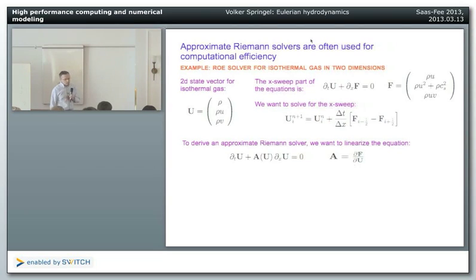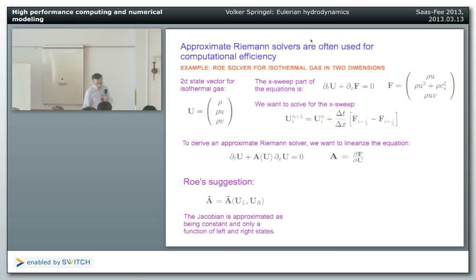The idea of Roe, which is similar in many other approximate Riemann solvers, is that we take the hyperbolic equation in this form. Again, we put in the Jacobian there, and then we linearize this. The linearization is achieved by making the Jacobian independent of space, so making it a constant, and of time.